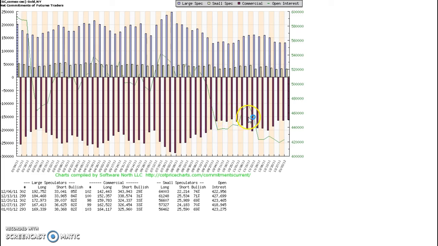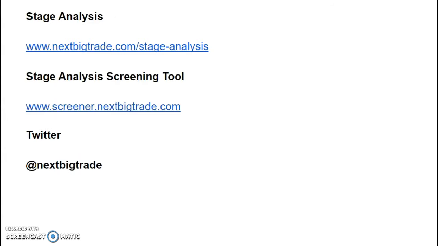And this is where the gold bear market started. So the idea that this ramp up in the commercial net contract short will cause an immediate move down in the price of gold is false, based on what we've just seen here with what happened back between 2009 to 2011.